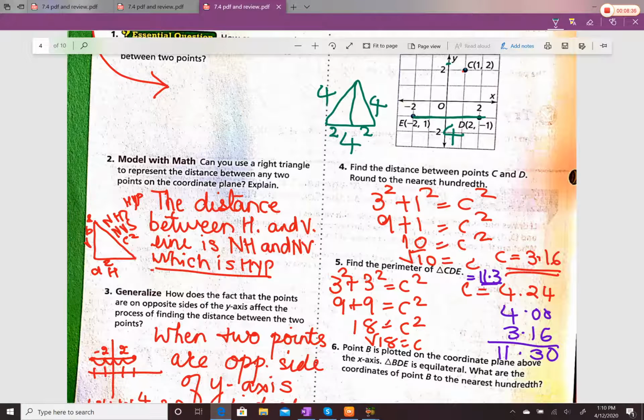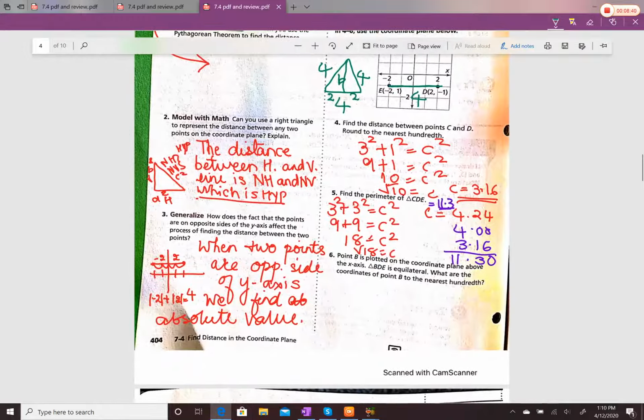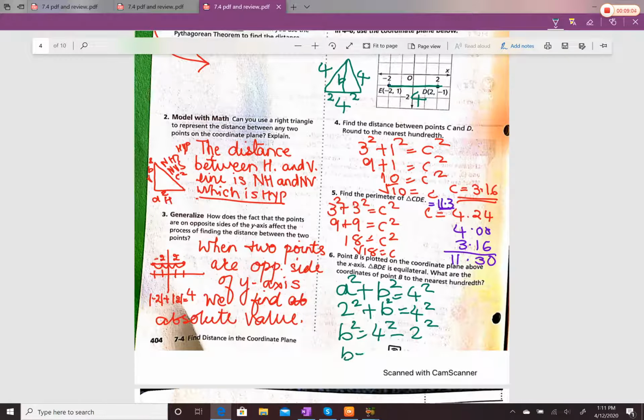So I don't know this B. What I'll do is 2 squared plus B squared, I don't know the B, is equal to 4 squared. Okay, so 2 squared. So B squared is equal to 4 squared minus 2 squared, and if you find the B, it is 16 minus 4, which is 12.